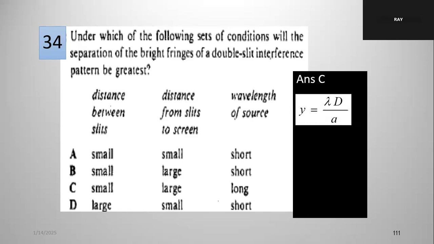You want the separation of the bright fringes to be the largest. Just cross multiply.